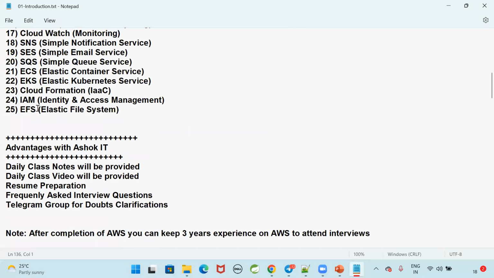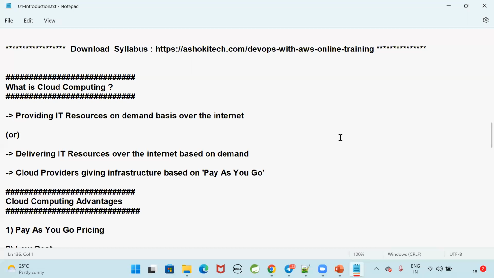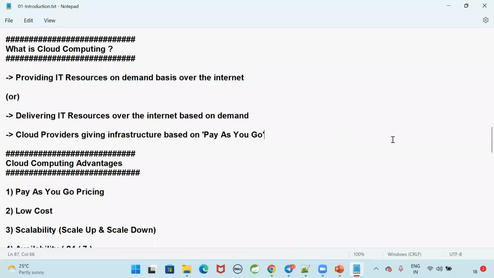Perfect. Just read what we discussed. What is cloud computing? Just read these points once quickly. The subject should be injected into your brain. Don't memorize anything, understand the concept.